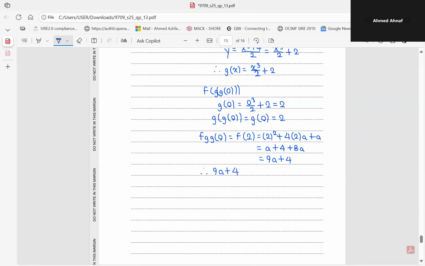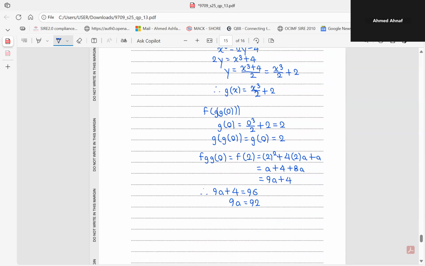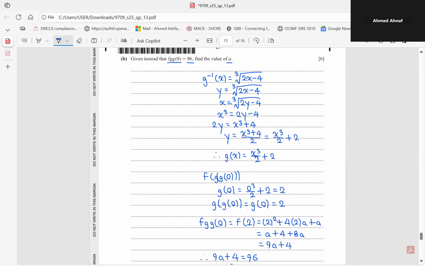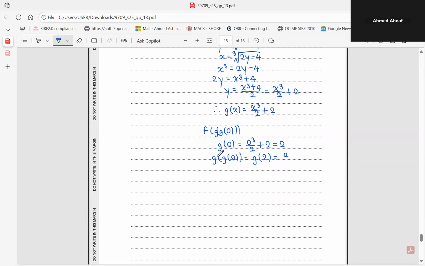So this we can equate to 96. And then we get 9a is equal to 92. Wait a minute. Let's see if I'm correct. Oh, sorry. I made a mistake. So this g(0), this is supposed to be g(2), which is just 2 cubed over 2 plus 2.